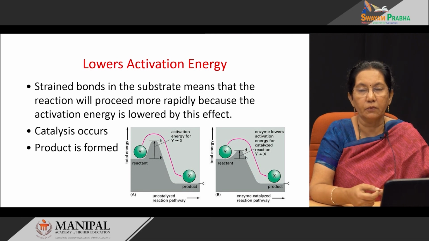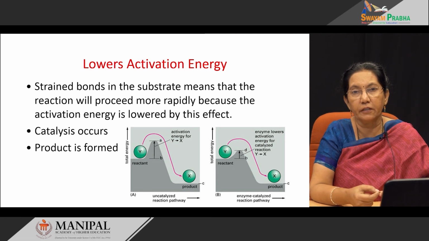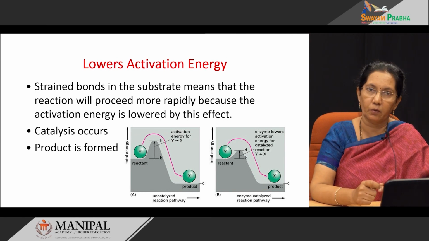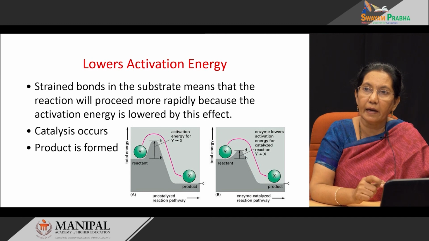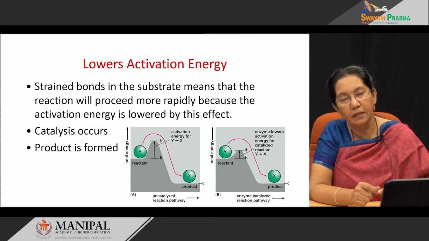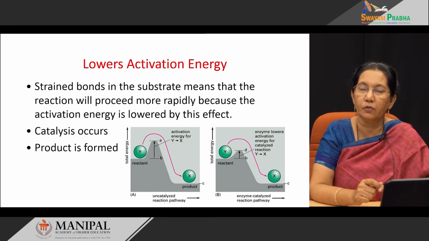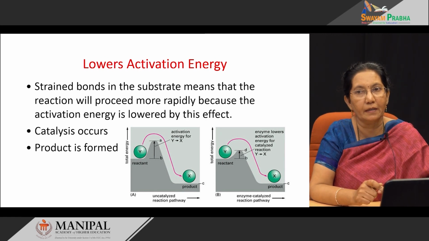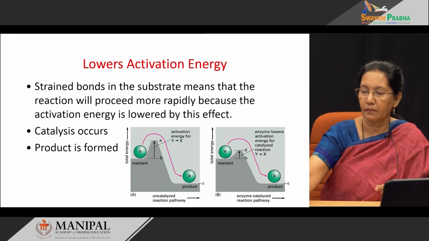In other words, we say that the activation energy of the reaction has been brought down. As the activation energy is brought down, the reaction can take place faster and the product also can be formed faster. This is the importance of correct alignment happening at the active site between the substrate and the enzyme.